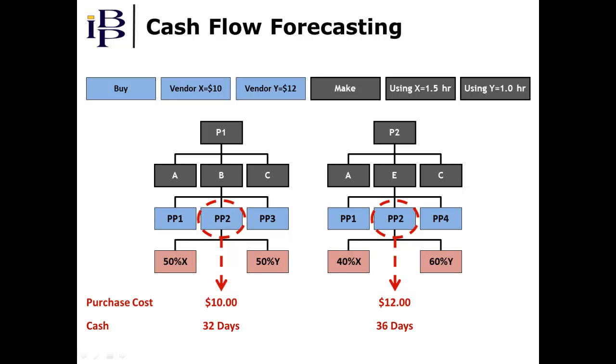Now consider how forecasted cash outflows change when vendor mix changes, as shown in the pink boxes. Forecasted cash outflows are now a mix of the vendor payment terms of both vendors X and Y. The point here is that the ability to forecast the physical flow of goods is essential for effective cash flow forecasting processes.